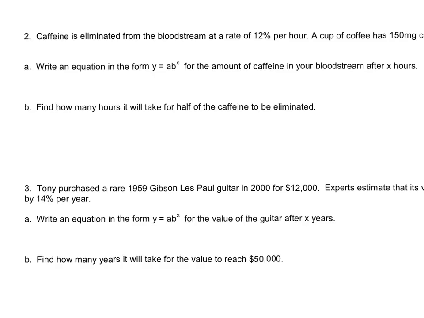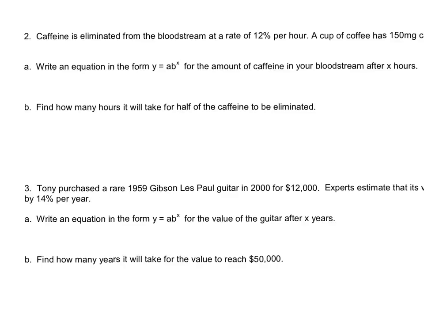So now let's move on to problem number 2 and number 3. So let's go ahead and get the equation set up. We'll do number 2 together, and then I'm going to leave number 3 for you to do on your own. Number 2, it says caffeine is eliminated from the bloodstream at a rate of 12% per hour. A cup of coffee has 150 milligrams of caffeine. Write an equation in the form y equals ab to the x.